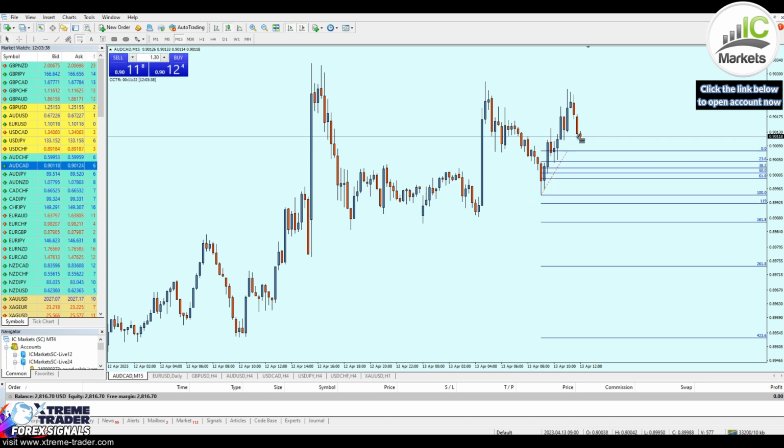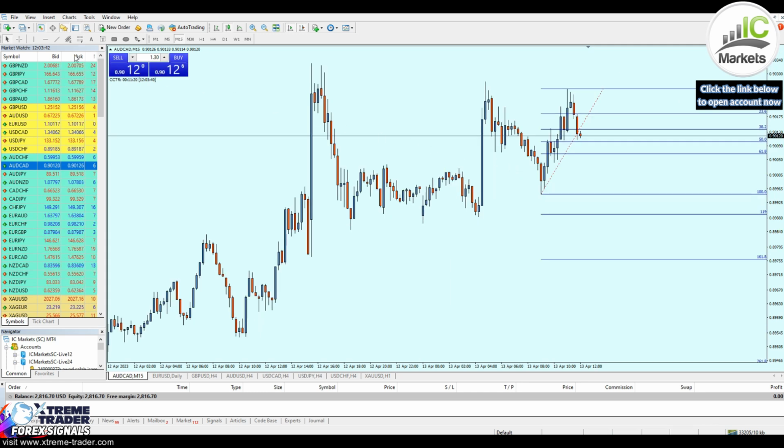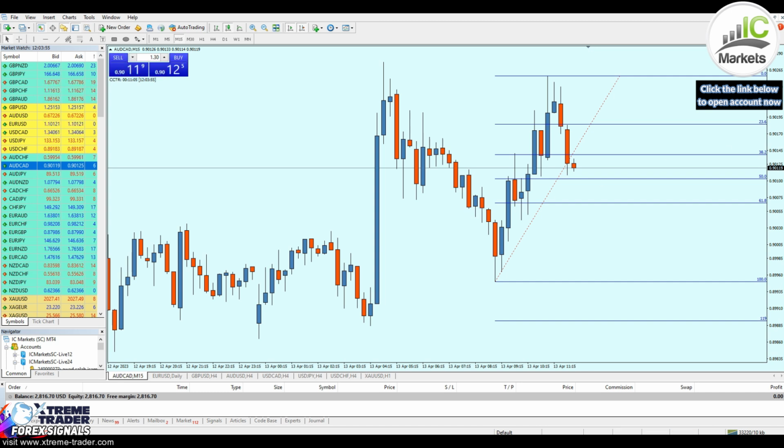AUDCAD shows us a potential setup right here. Of course, we have to confirm this along with the support, trend lines, and resistance. We can never abandon support and resistance. Fibonacci retracements are usually used to confirm the entry, nothing more. As you can see, the market has already risen above that bullish breakout candle.